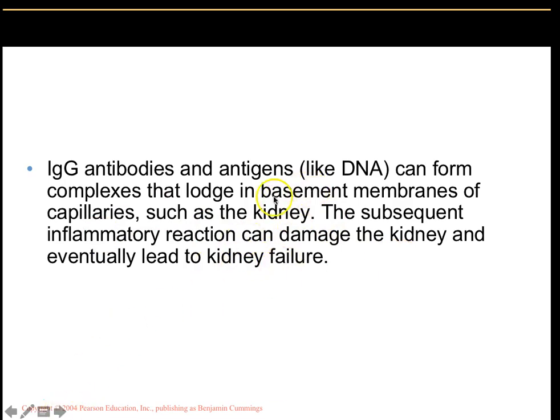And by the by, the basement membrane is a covering around the capillary, because they're so thin, they're so fragile. It's like a protective covering, but then there's a wee bit of a space between the basement membrane and the endothelial cell of the capillary, and that's where you start to get these complexes lodged, and then inflammation is not your friend.